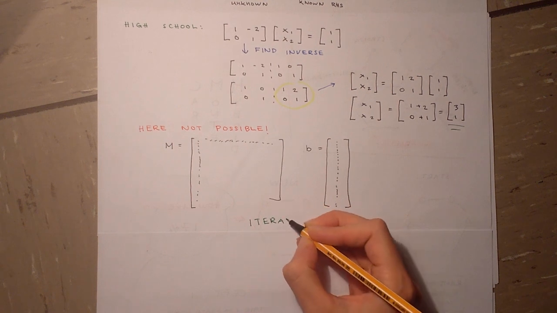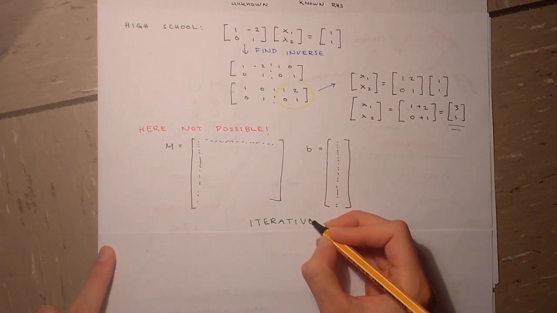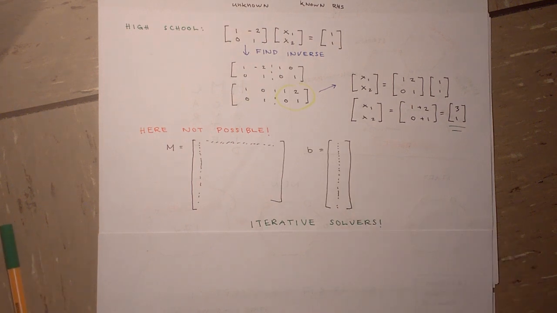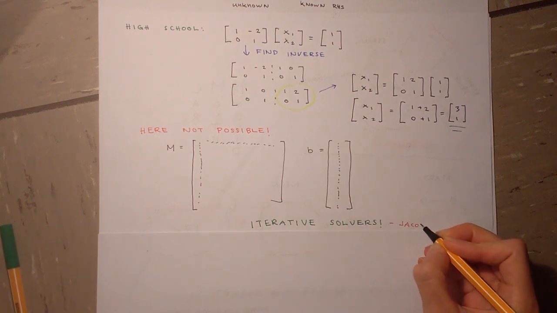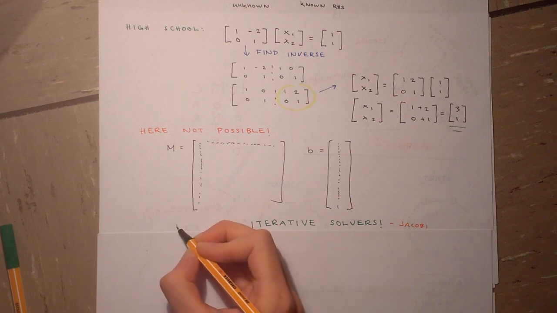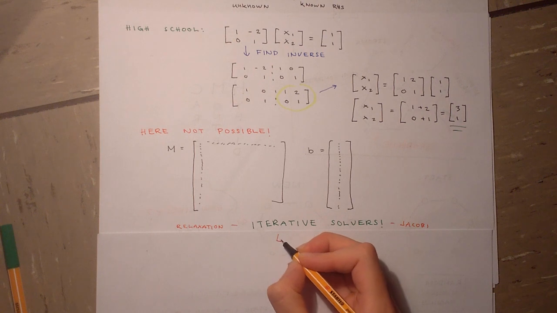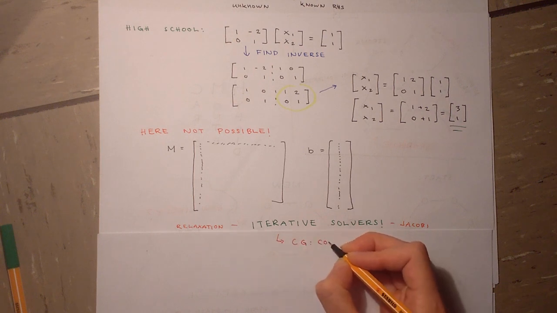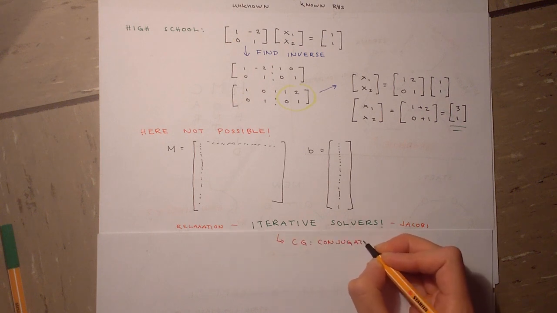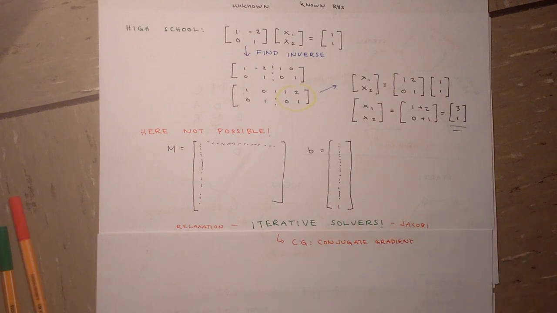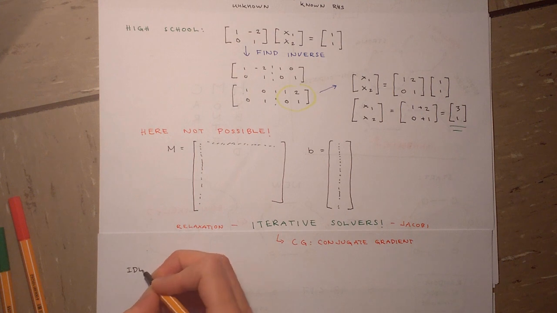We take a guess for the vector x, multiply it by our matrix, and subtract the known right-hand side. We then look at this difference, and if it's small enough, well, then our guess for x is pretty good. But if it's pretty large, we make some kind of adjustment to x and then calculate this difference again to see if we've done any better.